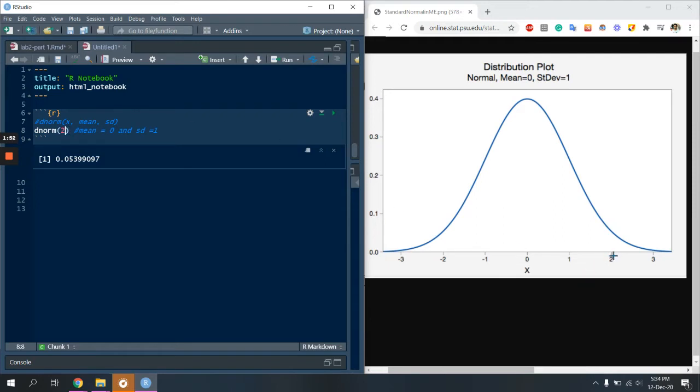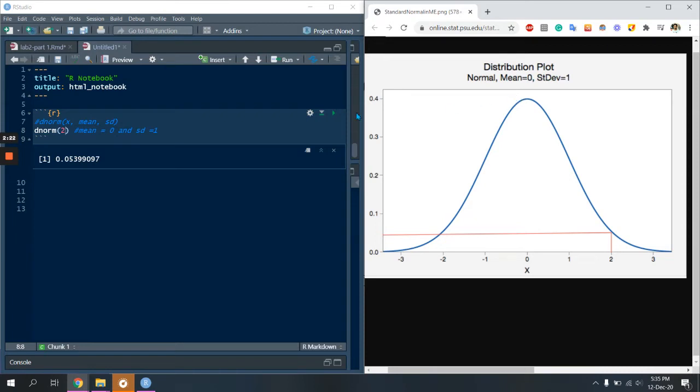If I look here, we give the x value, that is 2, and we want to look for the y value. I can draw the point from here to here, and I can see it's nearly 0.05.